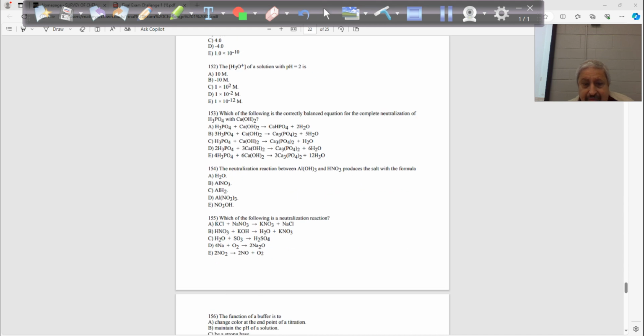Okay, balancing chemical equations. You should be able to do those balancing. How about number 153? Which one is the correctly balanced equation for the complete neutralization of calcium hydroxide, a strong base, with the weak acid, phosphoric acid?